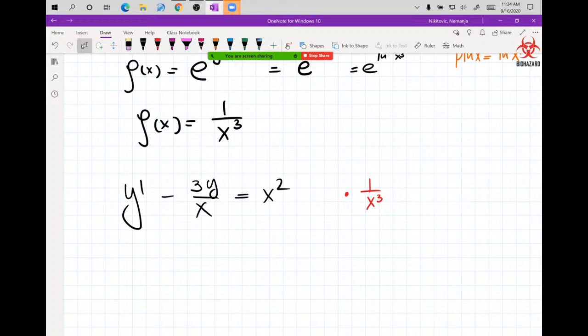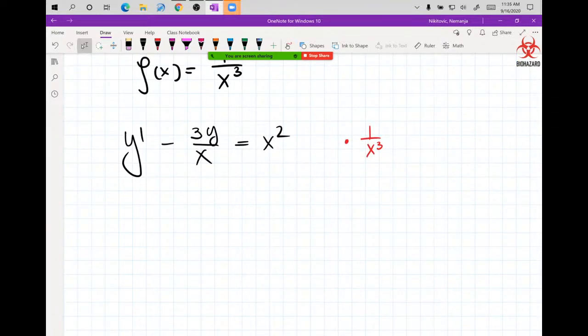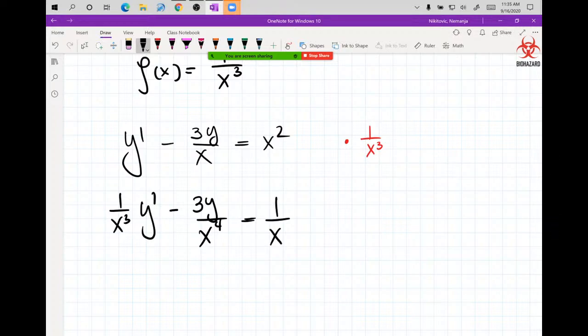All right, let's go with the problem. Multiply everything through. I'll get 1 over x cubed y prime minus 3y over x to the 4th equals 1 over x.